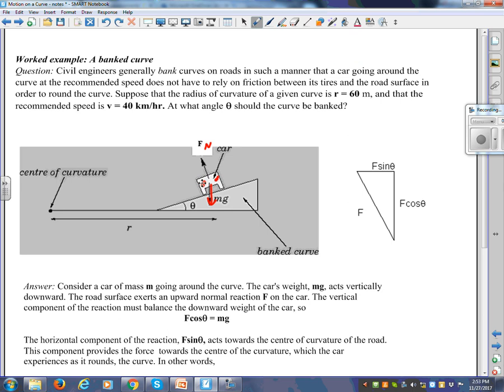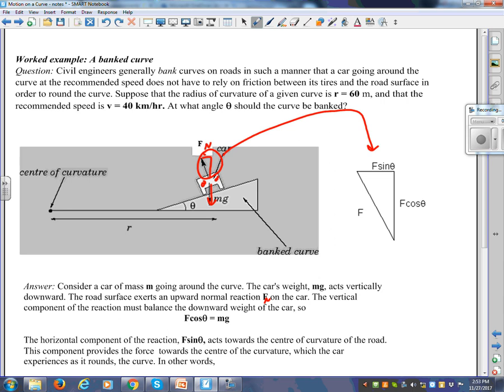Okay, so consider a car of mass m going around the curve. The car's weight mg acts vertically downward. The road surface exerts an upward normal force F on the car. Now that really should be Fn, and the vertical component of the reaction must balance the downward weight of the car. So now if I draw this triangle right in here, that right there is this picture.